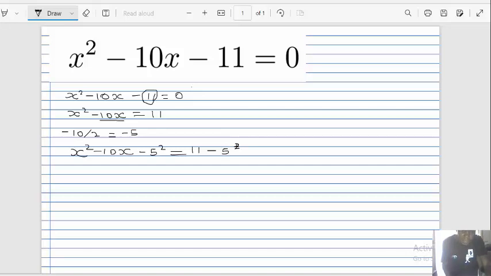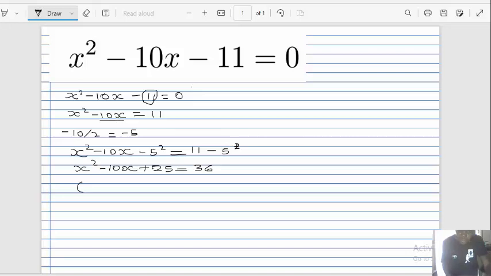So x squared minus 10x plus 25 is equal to, this 25 plus 11 is going to give you 36. Remember, negative times negative is positive, so 25 plus 11 is 36. When you're at this point, you can then rewrite this form in the form of x.